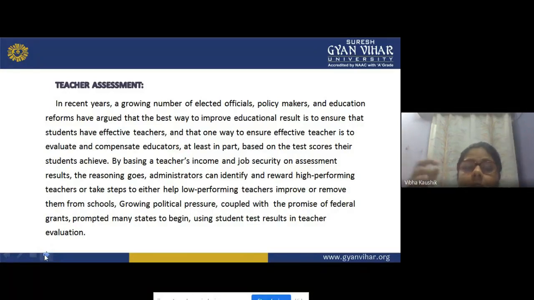The educational results of students will be improved only when we ensure that students have effective teachers.